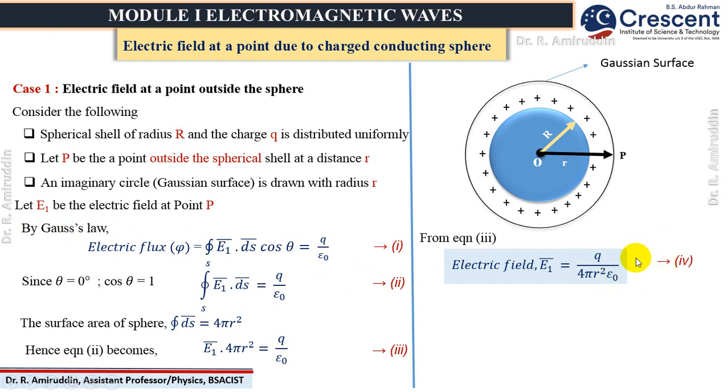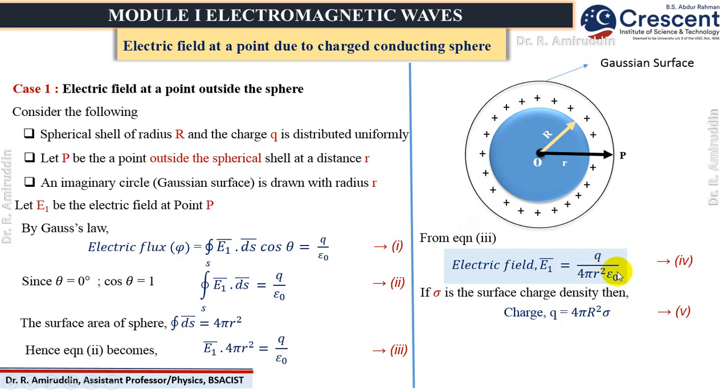So finally we have almost derived the electric field at point P, that is outside the sphere. Now let us add more detail to equation number 4. If sigma is the surface charge density, we have the charge q equal to 4 pi capital R square sigma.